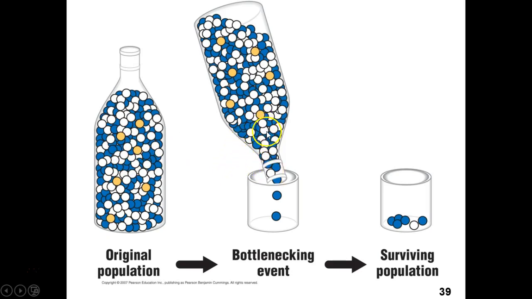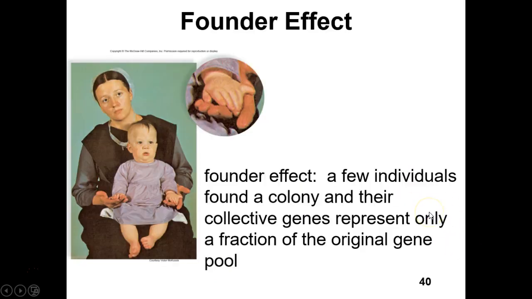When something happens, only a few of the organisms escape, and in the end you end up having a totally different type of population where white and blue were about equal over here. Now blue becomes the common gene and white becomes just as unusual as the yellow over here, and yellow has been wiped out. Whatever that was is wiped out.